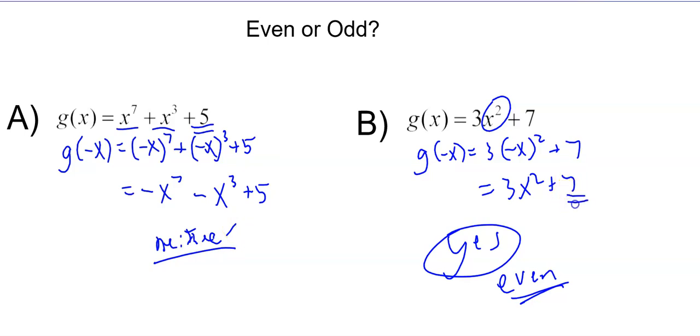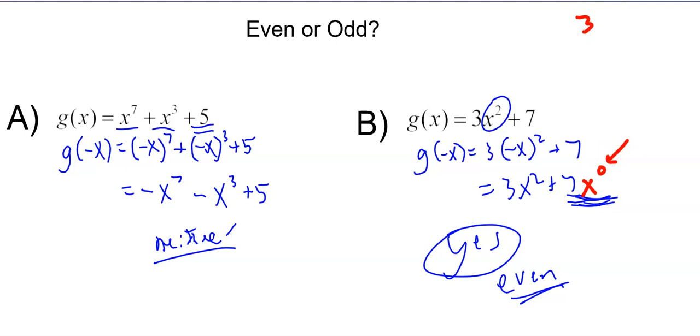Now, what's sneaky is this, and this kind of shortcut will mess up some students when they get to this. So I know there's not a variable, but if there was, the variable would be x to the 0 power, because x to the 0 power is 1, so 7 times 1 is 7. That's what it would be. What's interesting, students will give me different answers. Is that even or odd? Like, is the number 0 even or odd?